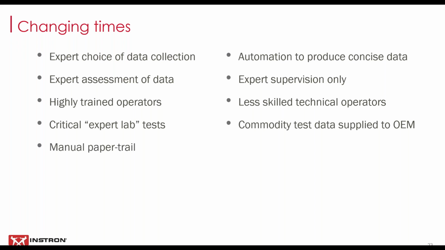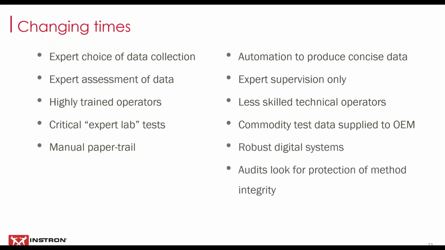Then if you're going to supply to someone like Airbus, that batch release data will include K1C measurements. Historically, again, a manual paper trail would probably have been acceptable, whereas in today's world, we really do expect robust digital data systems.